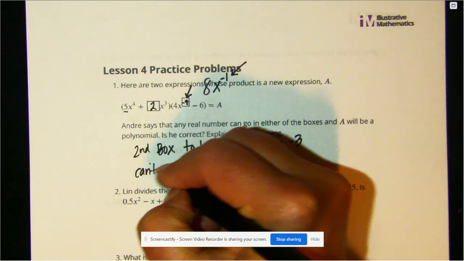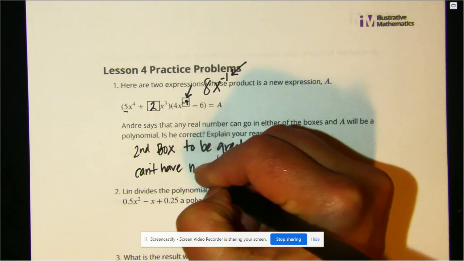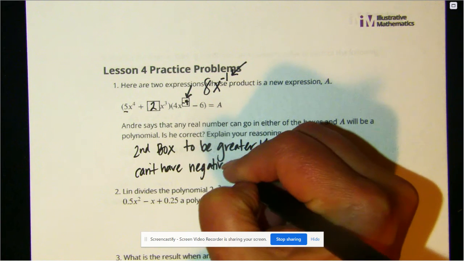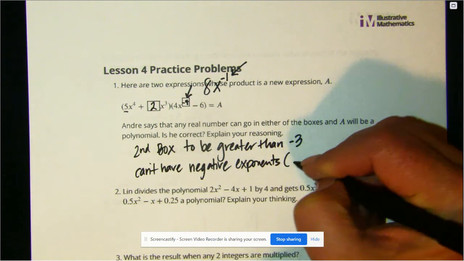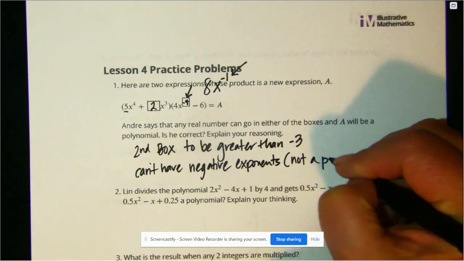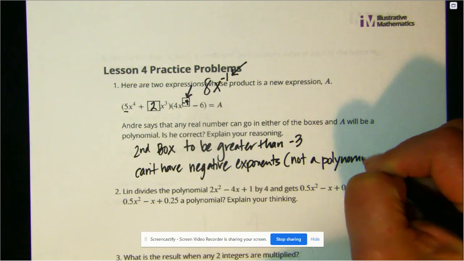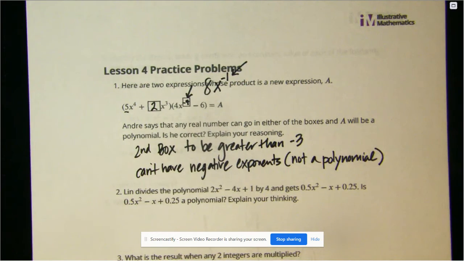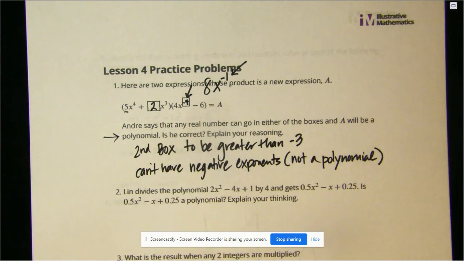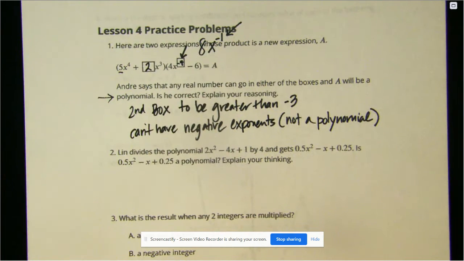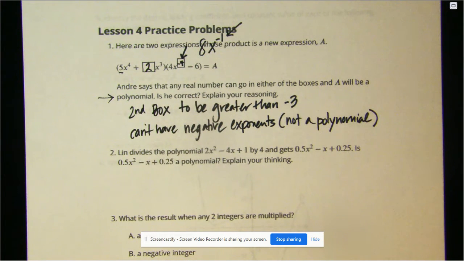You can't have negative exponents. I mean, you can have negative exponents, but it wouldn't be considered a polynomial, which is what Andre claimed.